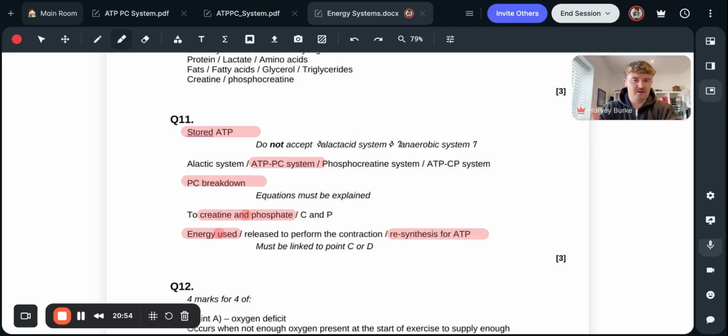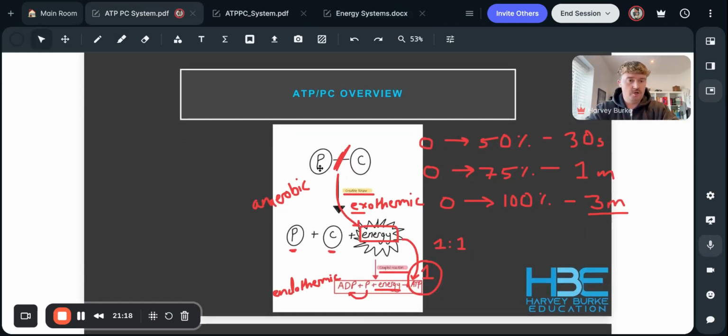I don't think some of these mark schemes are great for AQA, but I would say via a coupled reaction. I'd mention creatine kinase. I'd mention that it happens in the sarcoplasm. This is quite a limited mark scheme here, but you can see you definitely got enough detail to get full marks there. So that's the ATP-PC system all done.